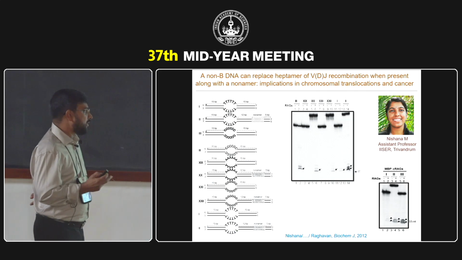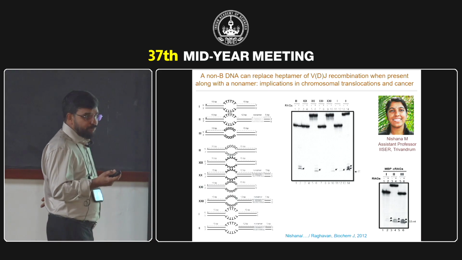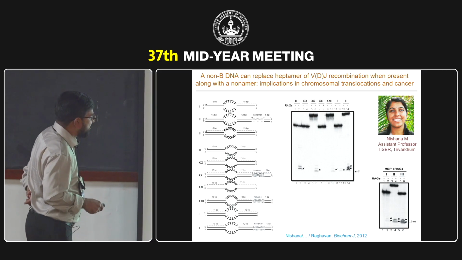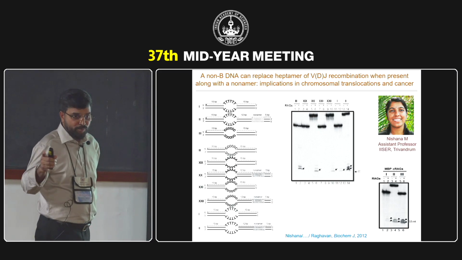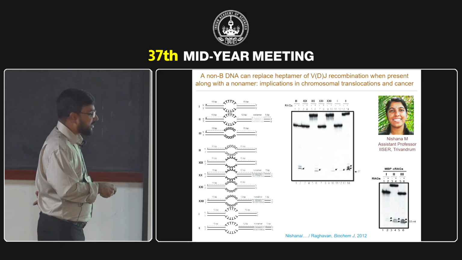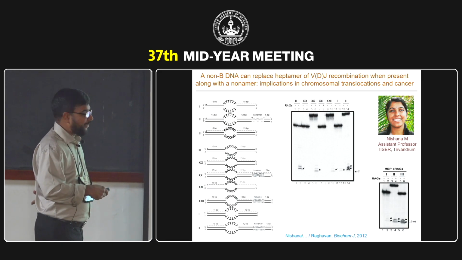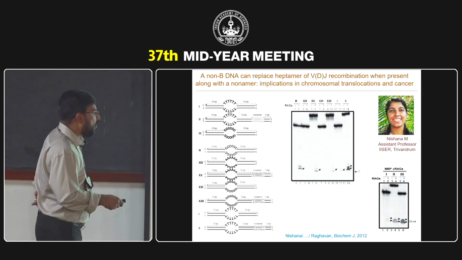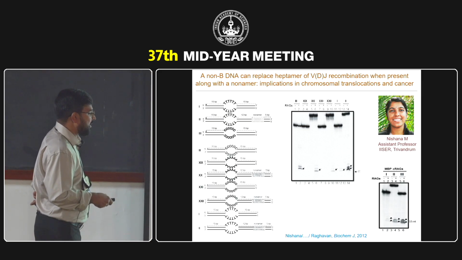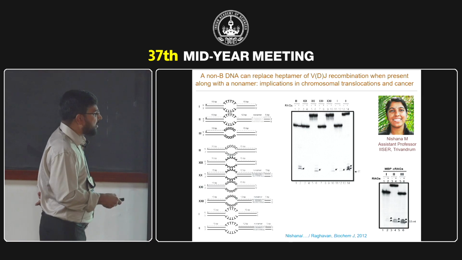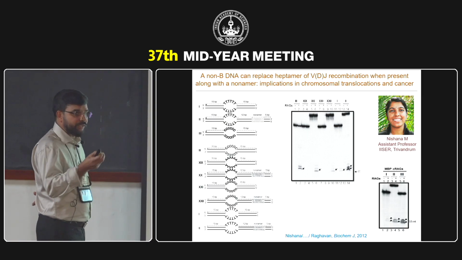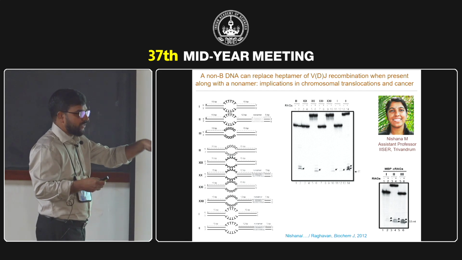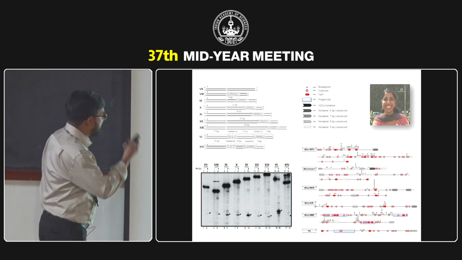Nishana did a very interesting, simple experiment. What she did was she placed the monomer of VDJ recombination next to these kinds of structures. What she found out was that all these DNA structures, which were otherwise not sensitive to RAG, become sensitive, because RAGs bind to the monomer, then cleave at the single-stranded, double-stranded DNA junction.